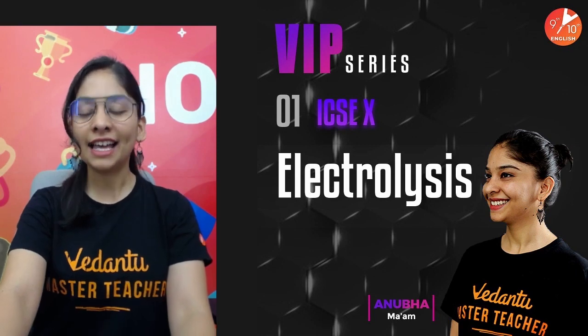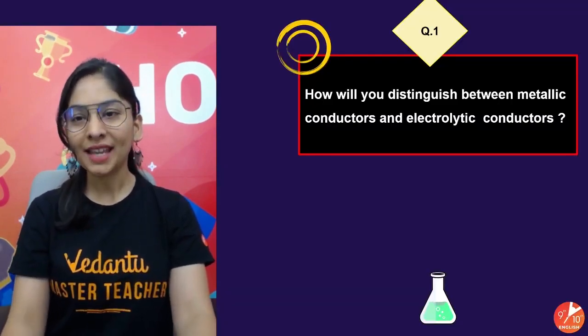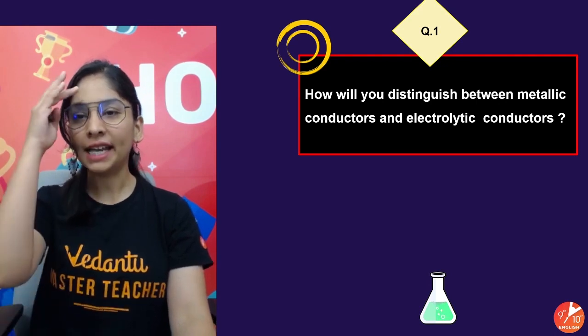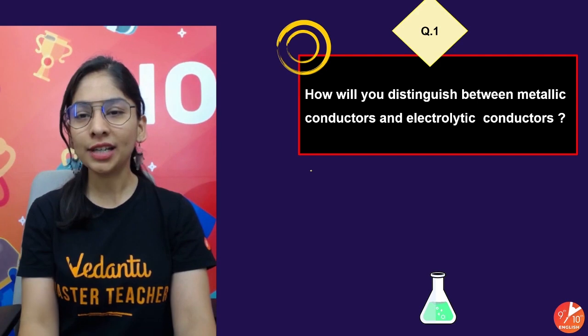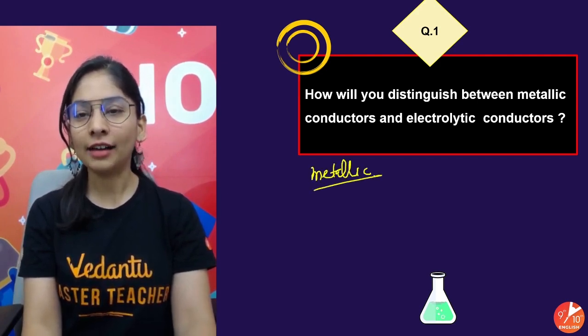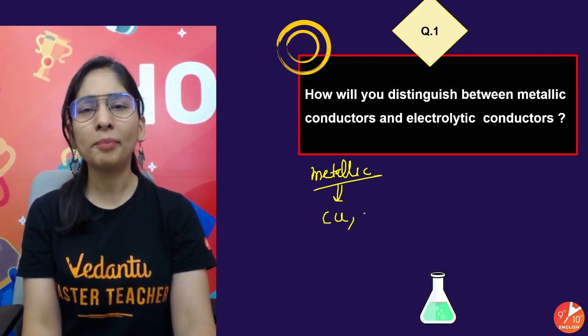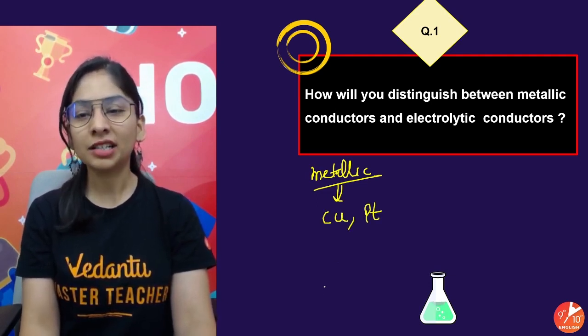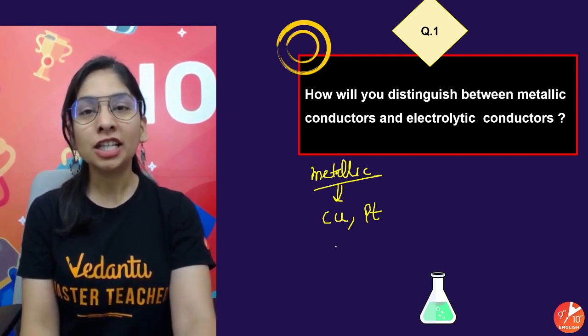Okay, so let's start right away with the very first question: how will you distinguish between metallic conductors and electrolytic conductors? That's not a difficult question. I think you know it pretty well. When I talk about metallic conductors, suppose I give you the example of copper. We sometimes take platinum also, and so many other kinds of metal rods.